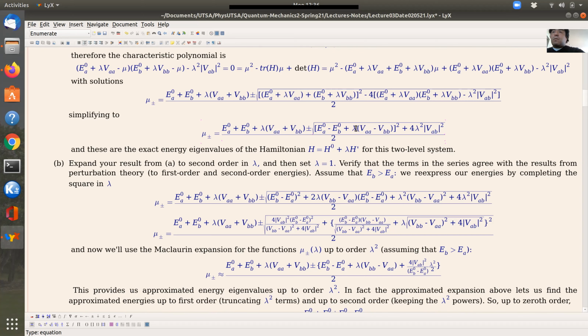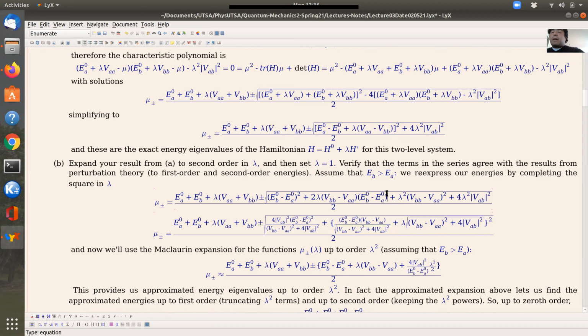But for that, I need to do the expansion of this term squared. So I have the square of this, the square of that, plus the double product of lambda times B minus A. This is coming from the fact that I'm putting a factor of -1 inside, which doesn't change anything because I have things squared. So -1 squared is 1.